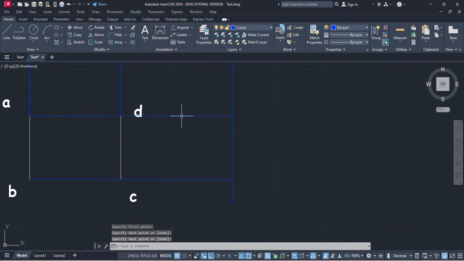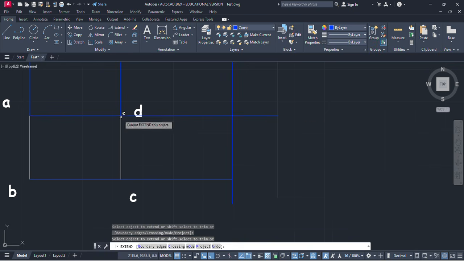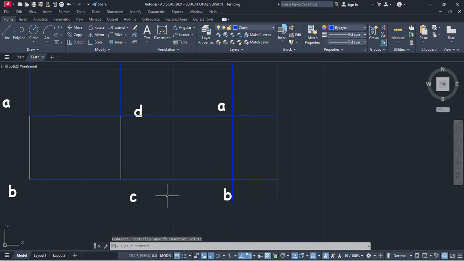Now from point D, extend this line. So from point D it is going to intersect here, and this point C is going to intersect here. So this intersection is A, this is B, this is D, and this is C. Now you can connect these points.